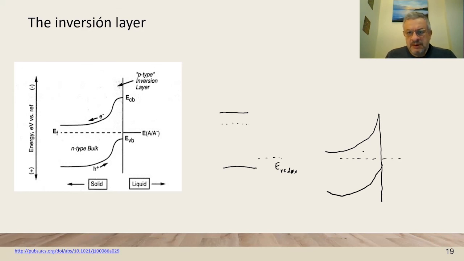But now this material, which is N-type, here is depletion, and here is not N-type because the Fermi level is close to the valence band, so here it's P-type. So there is an inversion layer where the type of semiconductor has been inverted at the surface, and this can induce the injection of holes better.